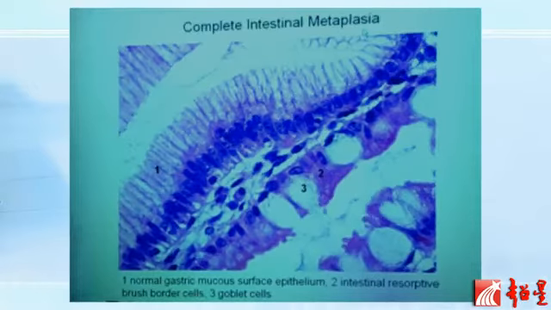We call it complete intestinal metaplasia. If there are only goblet cells, or the gastric mucosal epithelial cells plus these goblet cells, then we call it incomplete intestinal metaplasia.